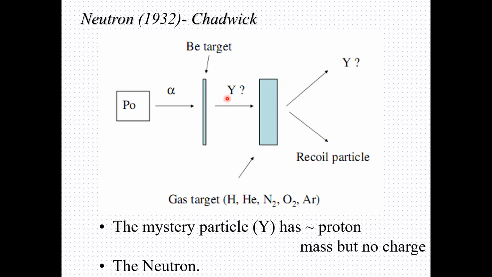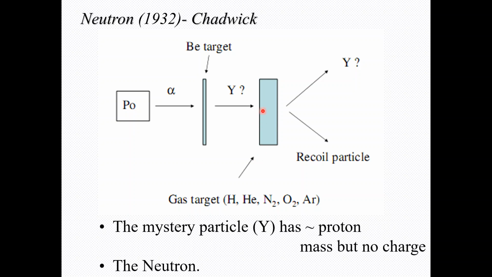He observed the emission of mass-3 particles, which he represented with the letter Y, and these were mysterious particles. They have a mass equal to that of the proton, but with no charge. Because these particles don't have any charge, they were given the name neutron. You have already studied the details of the experiment in your basic classes, so there is no need for further explanation of the Chadwick experiment.